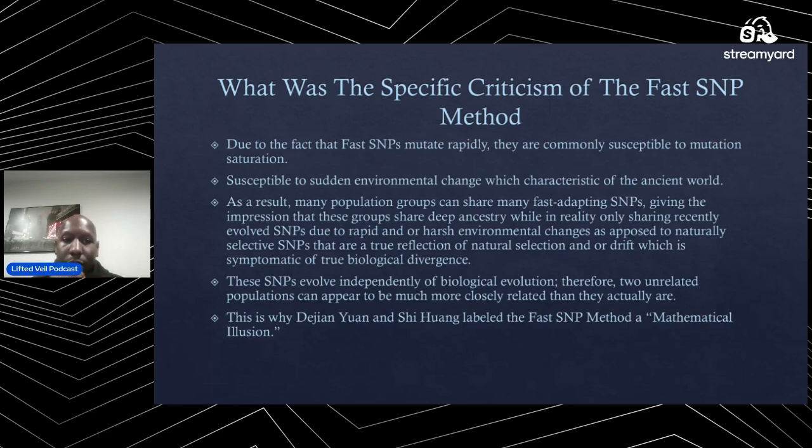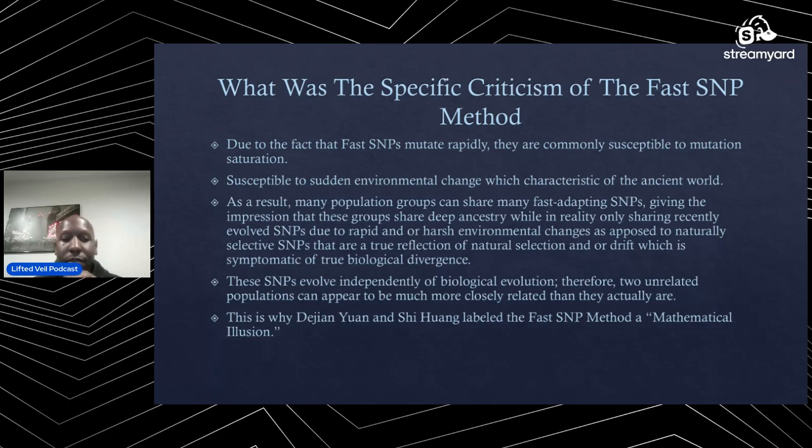As a result, many population groups can share many fast adapting SNPs, giving the impression that these groups share deep ancestry while in reality only sharing recently evolved SNPs due to rapid and or harsh environmental changes, as opposed to naturally selective SNPs that are a true reflection of natural selection and or drift, which is symptomatic of true biological divergence.